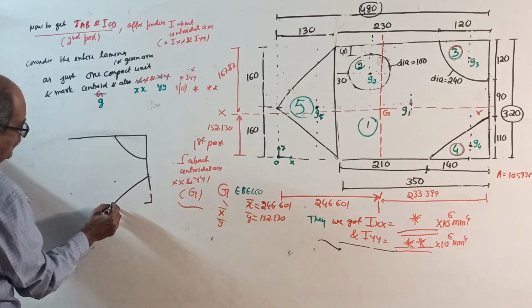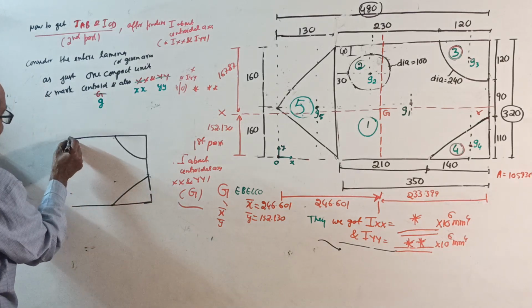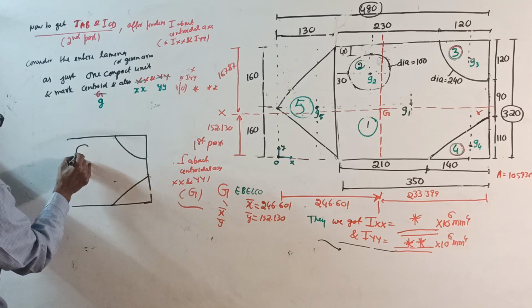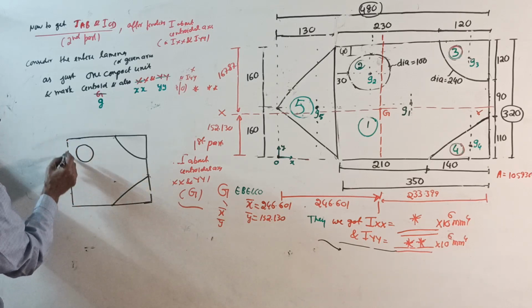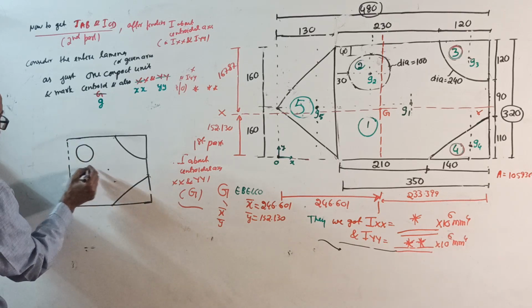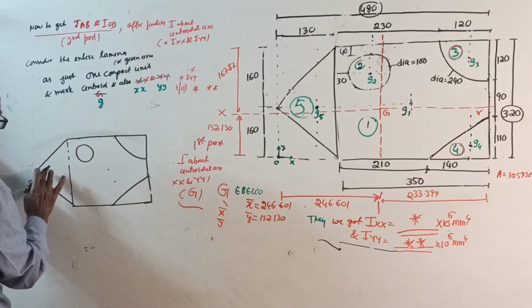Okay, this way. See now what I am doing. Bring it here. And then one circle removed here. Then through the center of the rectangle and here one extra triangle, out of scale.